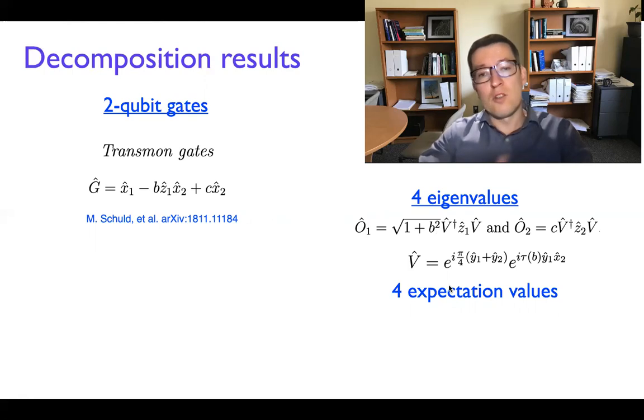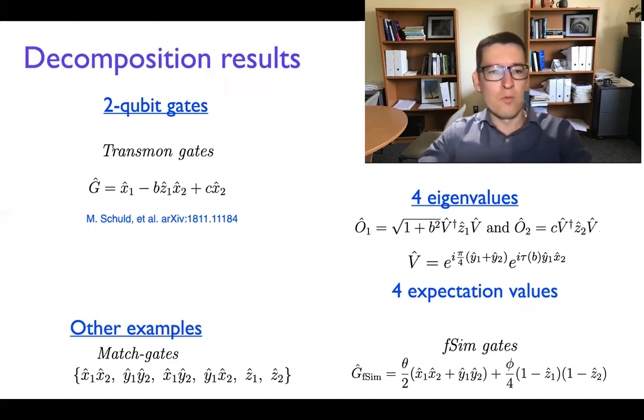Then it turns out you can do the gradient calculation for this transmon gate amplitude using 4 expectation values. We also did other 2-qubit gates in our work, match gates and FSIM gates, and everywhere it was about 4 expectation values, which is a lower number than what was thought before.